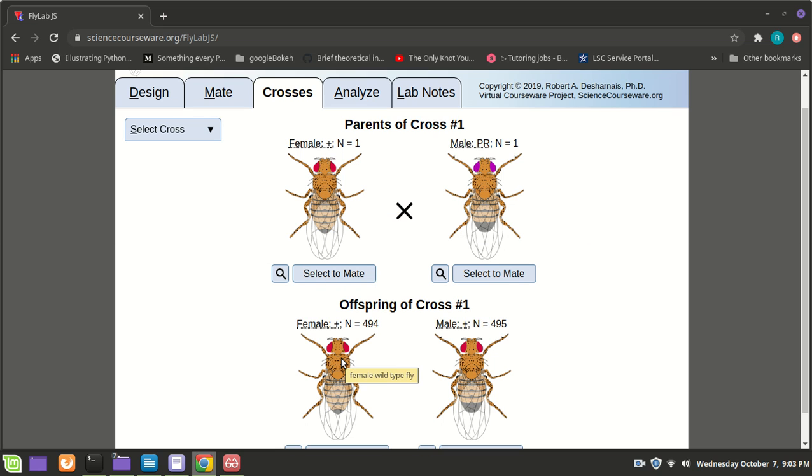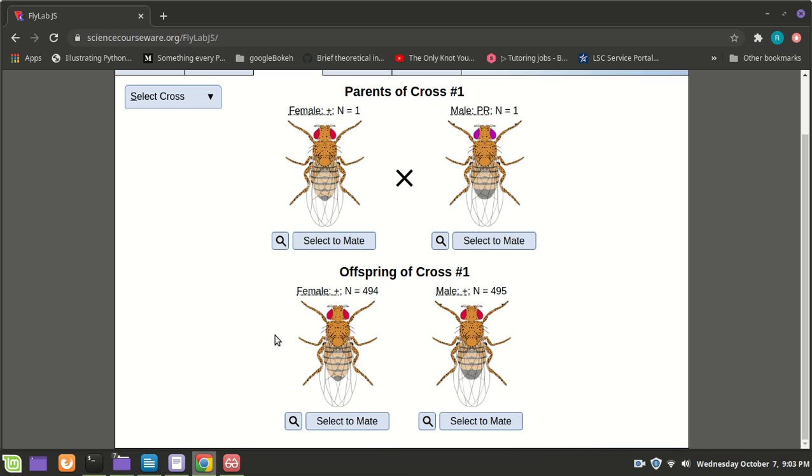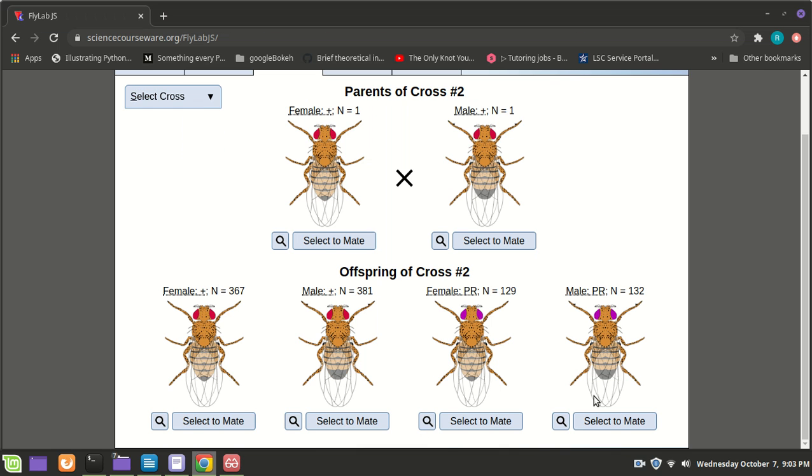Of course their offspring were all dominant, right? They were all wild type. Well, that was males and females, so it's not sex-linked. So now we know that this is a recessive trait and that it is not sex-linked. And it works just exactly like we want.